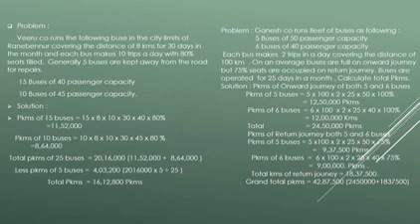Calculate total passenger kilometers. See, the main highlight of this problem is that on the onward journey, the capacity is fully filled, whereas on a return journey, only 75% seats are occupied. So that is to be noted, dear students.